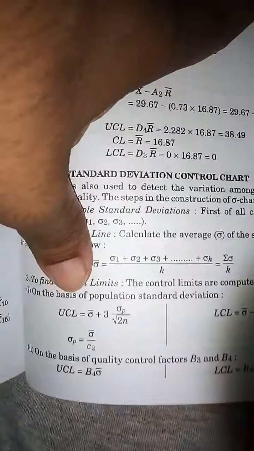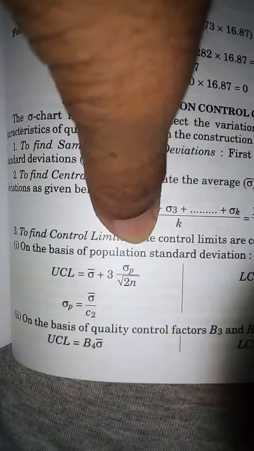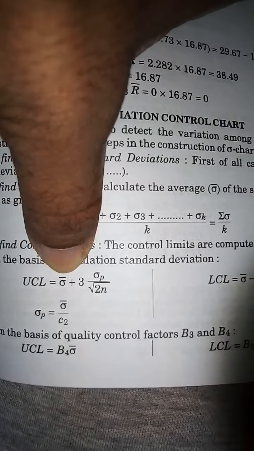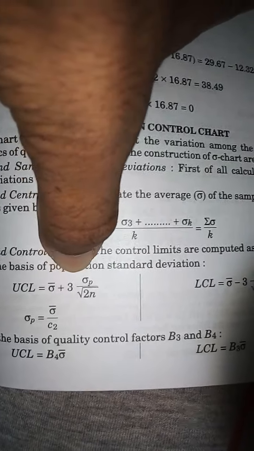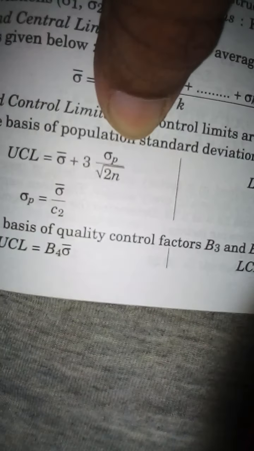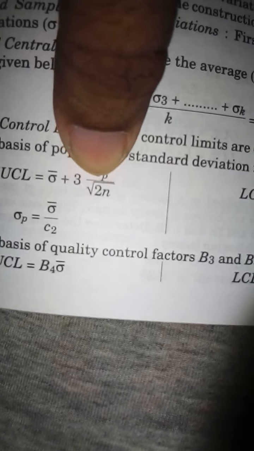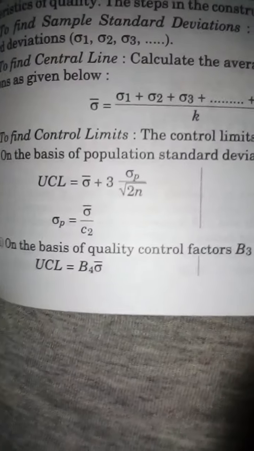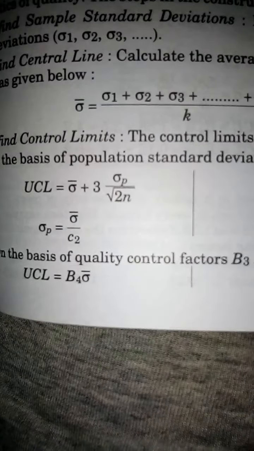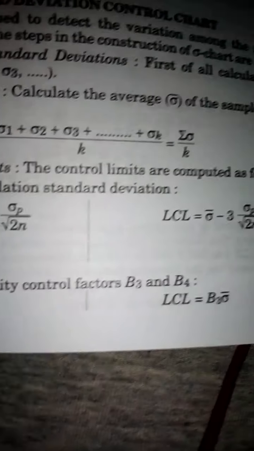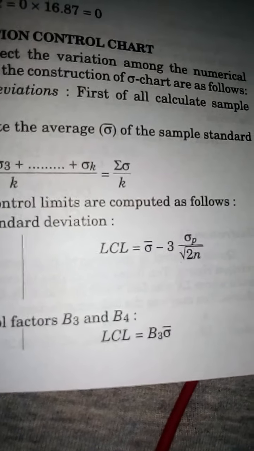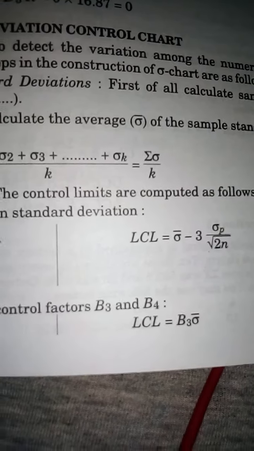To find the control limit, for the upper control limit, if the population standard deviation is given, then UCL equals standard deviation bar plus 3 standard deviation population divided by root 2n. Standard deviation population here will be standard deviation bar divided by C2. And for LCL, standard deviation bar minus 3 standard deviation population by root 2n.